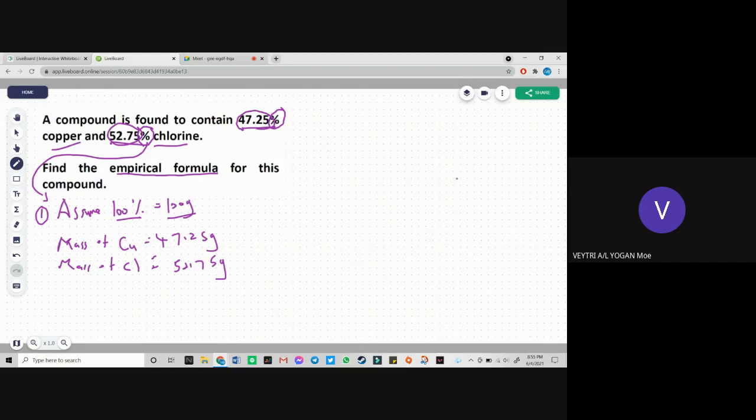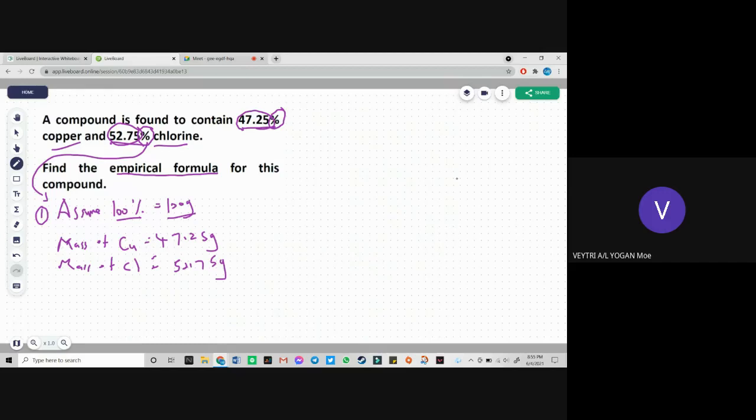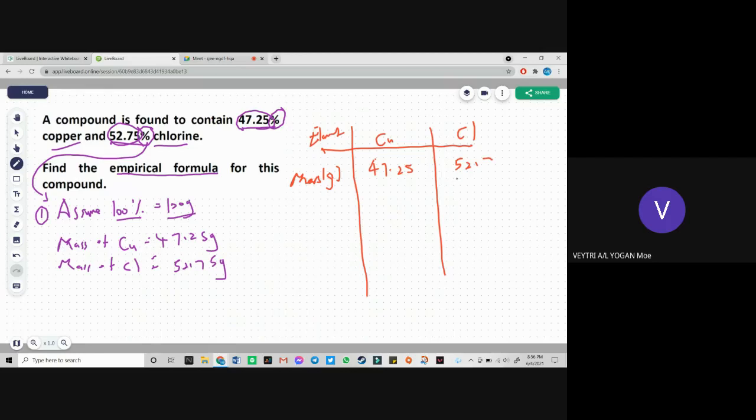Now, as usual, let's solve them with the table. Okay. Number 1, element. Don't forget, if the element is wrong, everything's going to go wrong. For element, you're going to get Cu here and Cl here. Now, next is the mass. Units, guys. Don't forget the units. I emphasize over here. Copper is 47.25 and over here is 52.75.